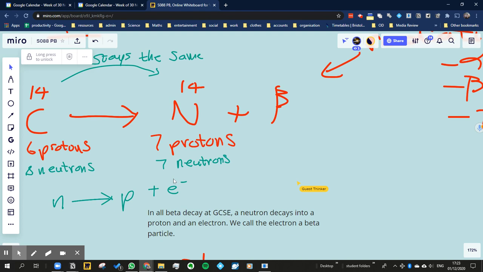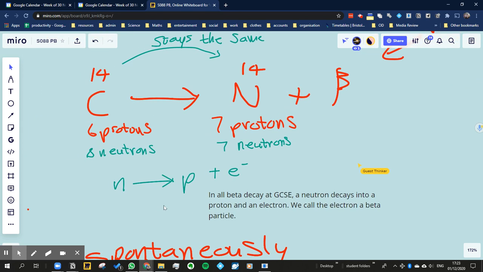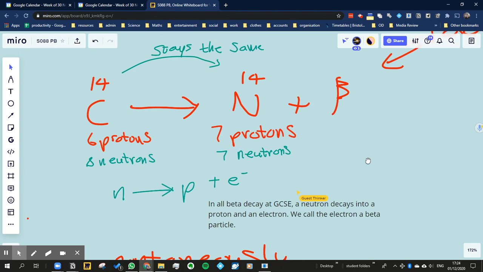What they would like you to say in the GCSE exam is, often when they ask what is a beta particle, it's a 2-mark question, and the first mark will be it's an electron, and the second mark will be saying it came from the nucleus, or I would have thought they would accept a neutron turned into a proton and an electron. So that's kind of weird that happened.